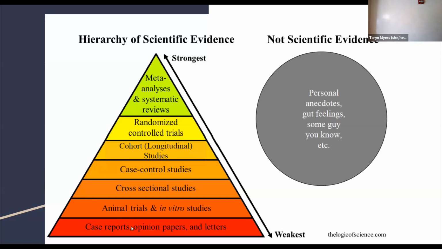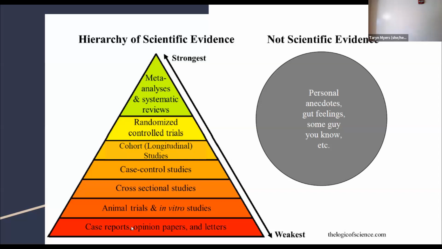Case reports are where you're just writing about one person or one animal, one school, right? Something along those lines. It's a nice way to start to build evidence, but it's not gonna generalize. You will see opinion papers and letters in academic journals. Again, they're in an academic journal, but they're not always gonna have as much data behind them.